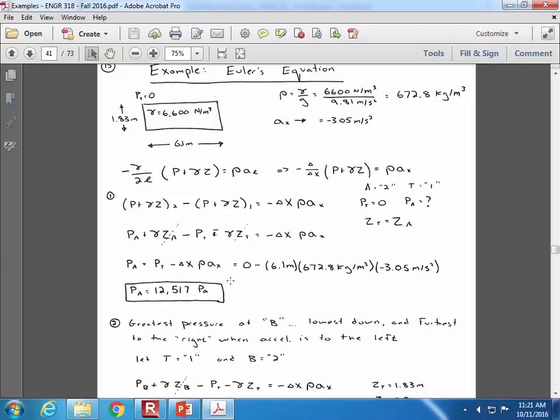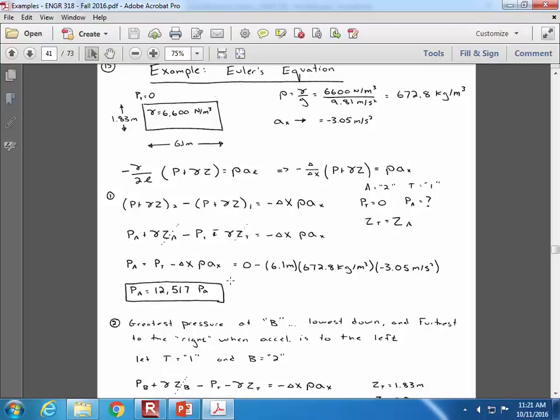So I'm going to write Euler's equation, the expanded-out version of it, again. In terms of B and T, it's going to be the pressure at B plus gamma Z sub B minus the pressure at T minus gamma Z sub T is equal to negative delta X, density, and acceleration in X. Let me just point out that this minus P sub T and then minus gamma Z sub T is simply because the minus sign applies to both terms inside the parentheses.